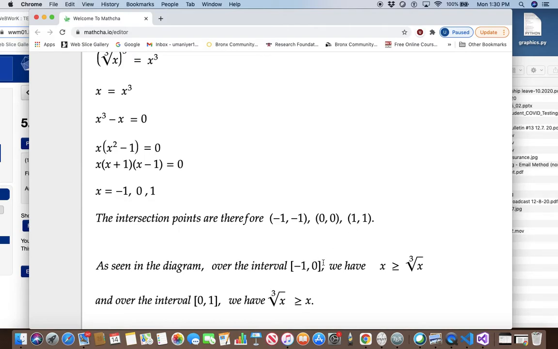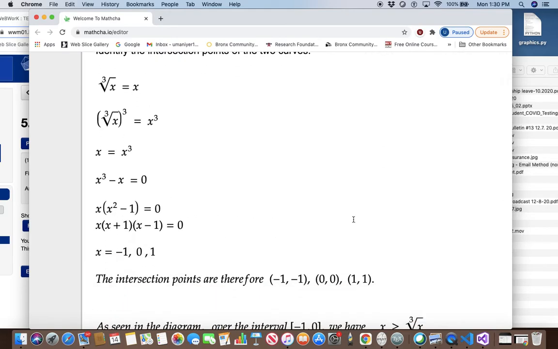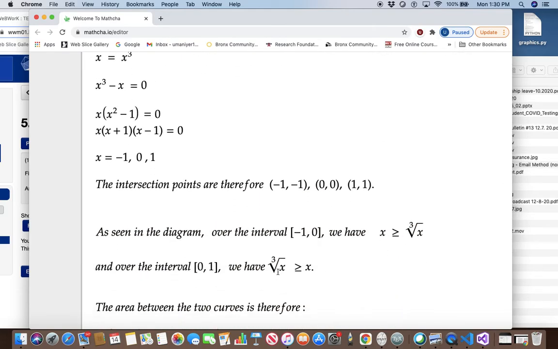Now, over the interval negative 1 to 0, x is above cube root x, whereas from 0 to 1, cube root x is above x.